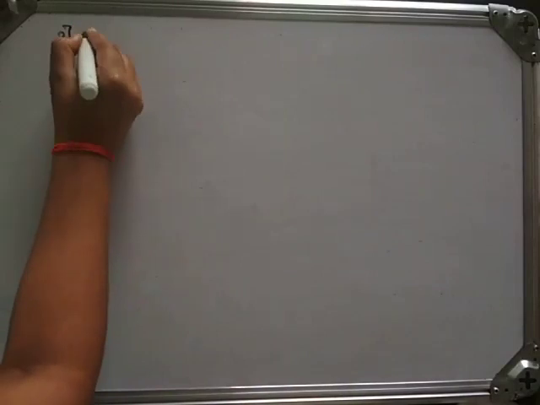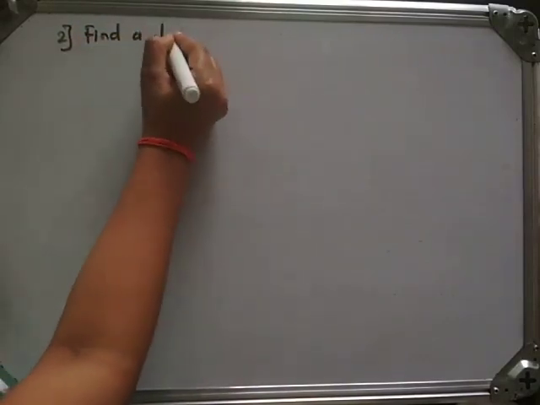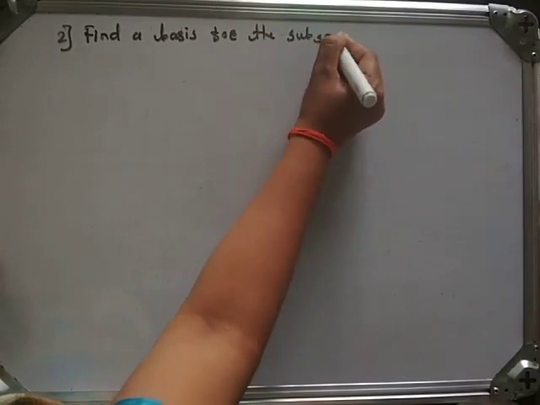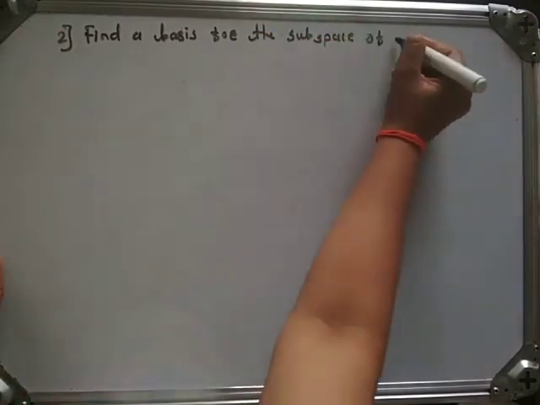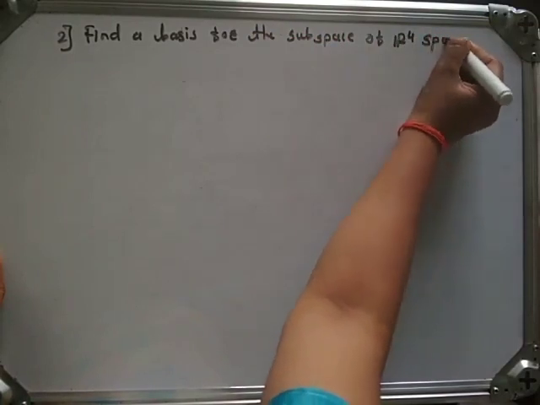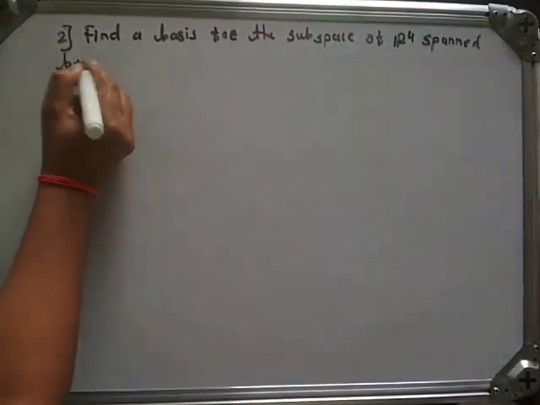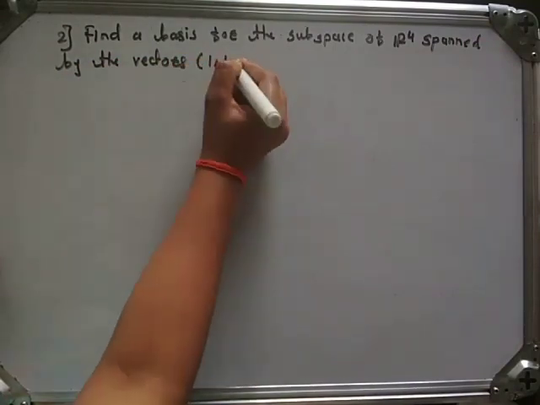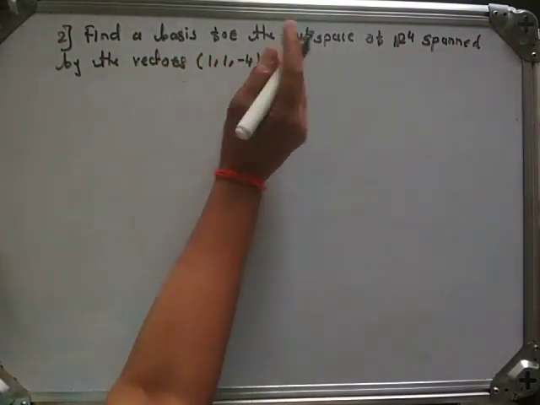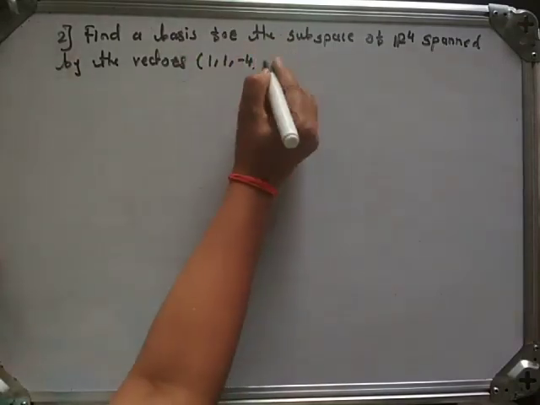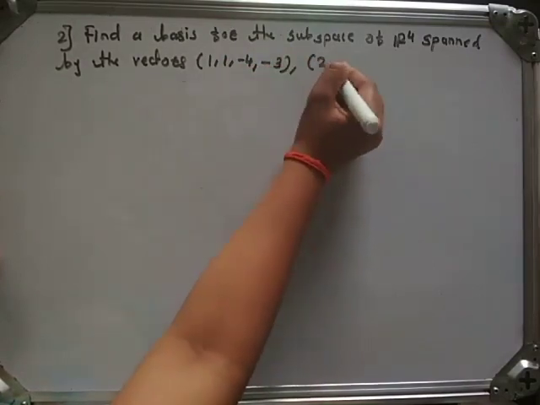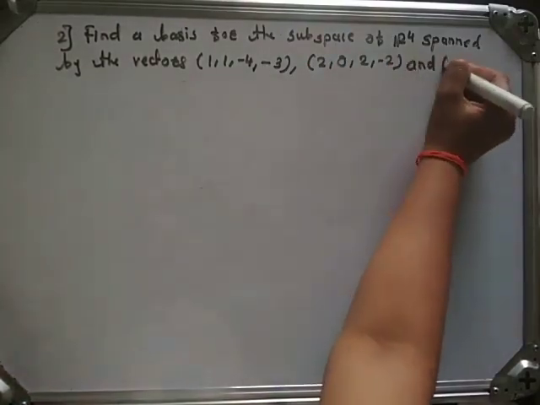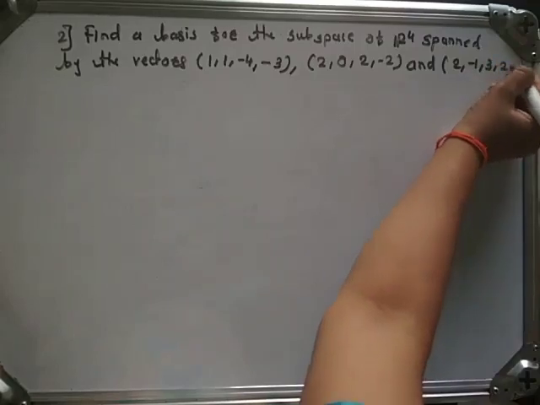Let us take the next example. Find a basis for the subspace of R4 spanned by the vectors 1, 1, minus 4, minus 3; 2, 0, 2, minus 2; and the vector 2, minus 1, 3, 2.